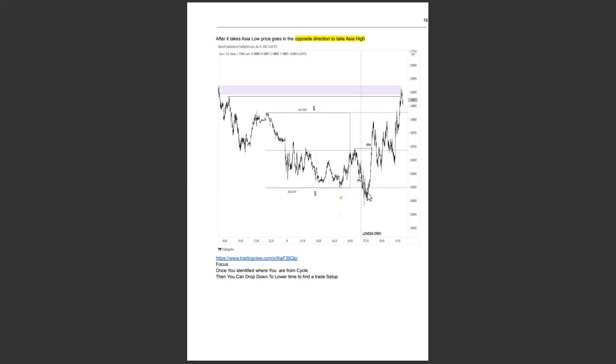But you have to just find the setups from traps and not from traps. Focus. Once you identify where you are in the cycle, then you can drop down to the lower time frame to find a trade setup, right?